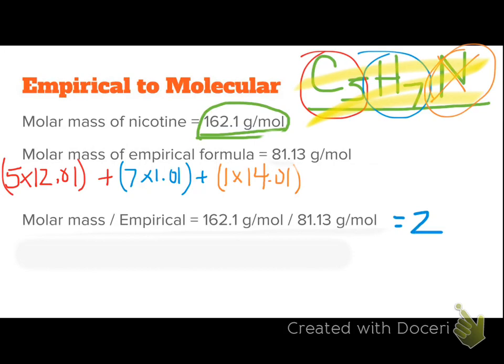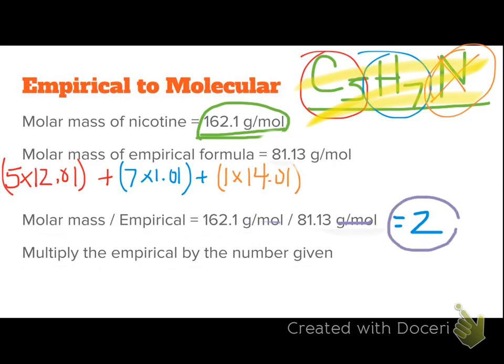All right, so what does that mean? What does this 2 mean? If you're looking at this, pay close attention to your units. If I'm dividing these, my grams per mole are going to cancel out. So I'm just left with a value. We're going to use this 2 as a multiplier. This is the ratio between your empirical formula and your molecular formula. So I'm going to multiply my empirical by this new multiplier that I have, this 2.